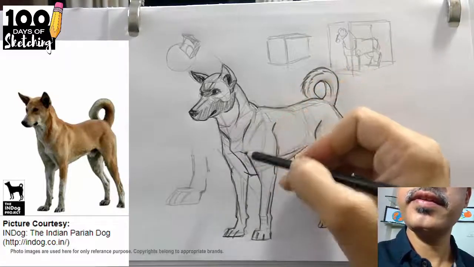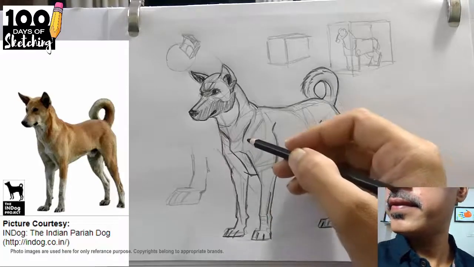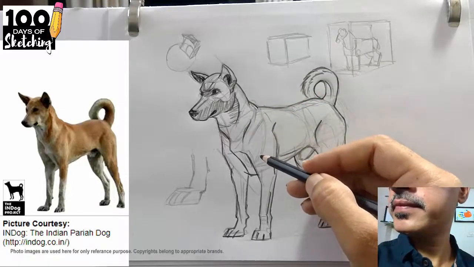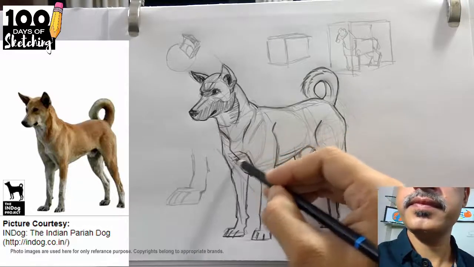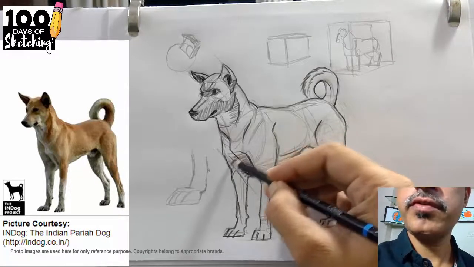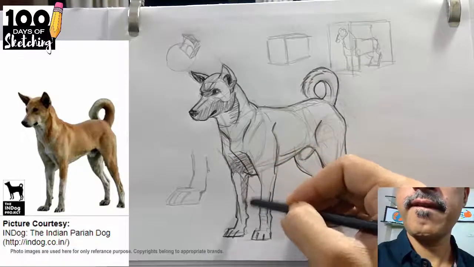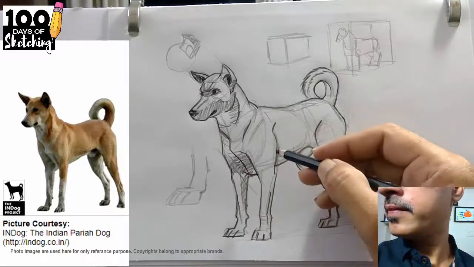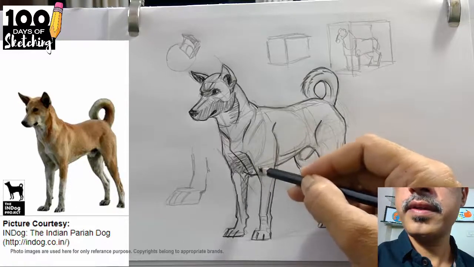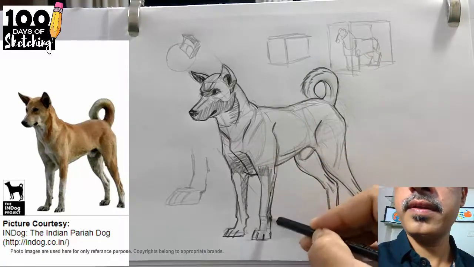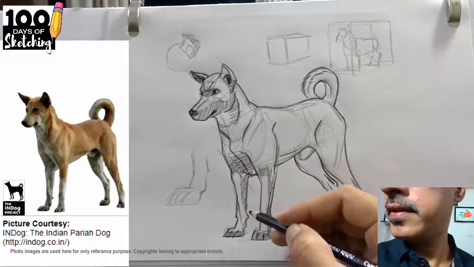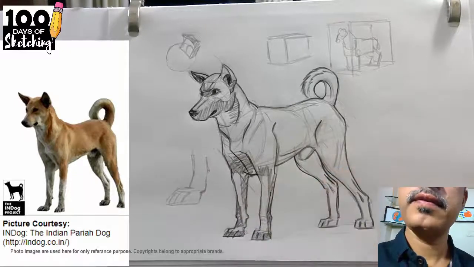This is very interesting. Again, body parts. Here, this portion will be in shadow.